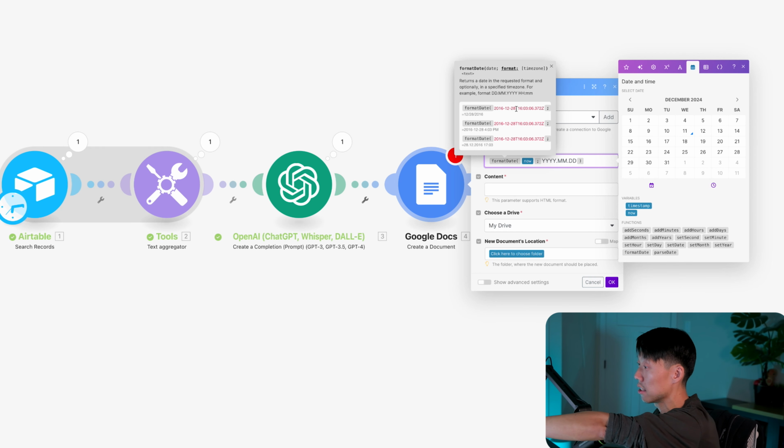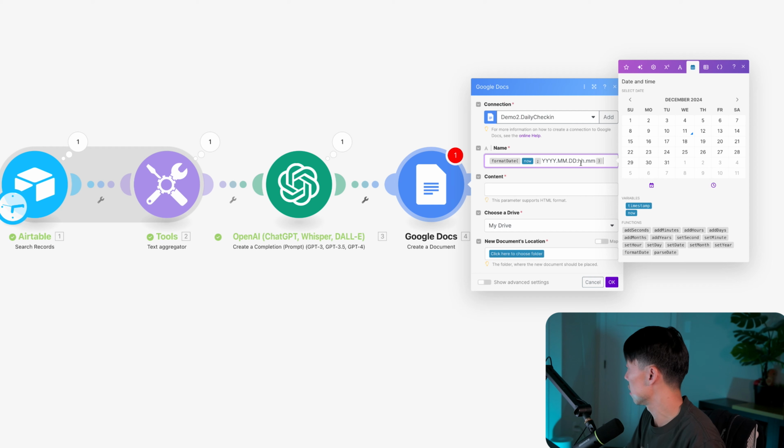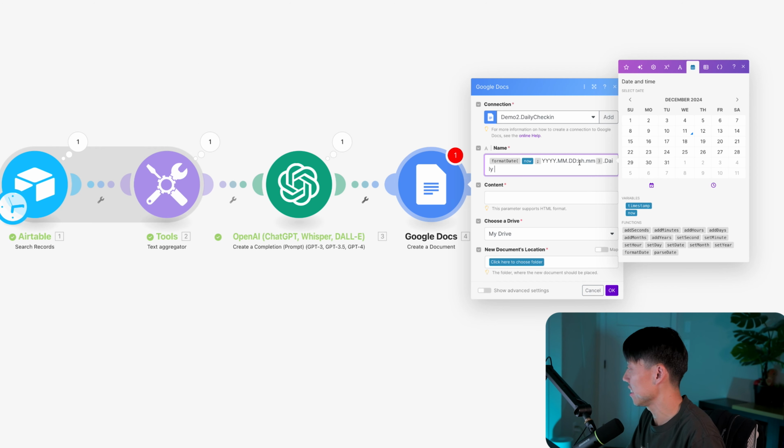And if you're not sure, just always refer back to this section right here. And just for testing purposes, I'm going to have hour, minute for now. That just helps me keep track of things if I had to make a lot of these. And I did when I was testing this for the first time. Period, daily summary, right? And that's the file name.